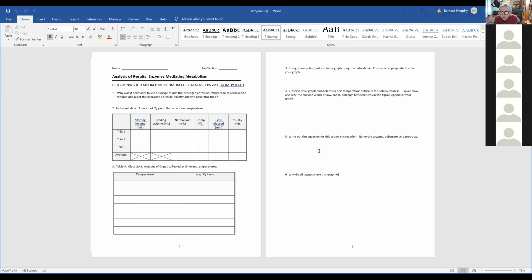So why don't we do that right now? What's the name of the enzyme? Somebody come up with it. Anybody? What's the enzyme name?